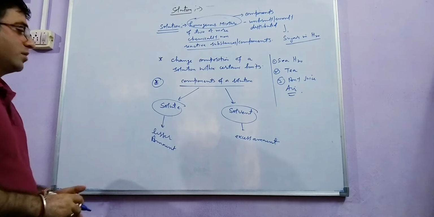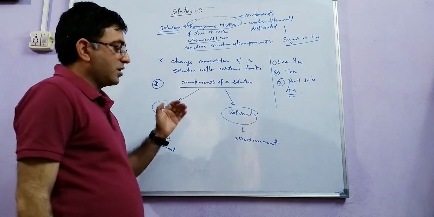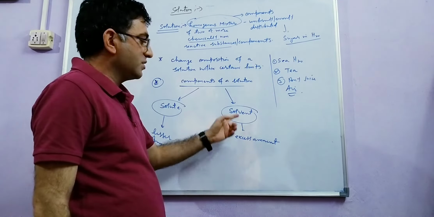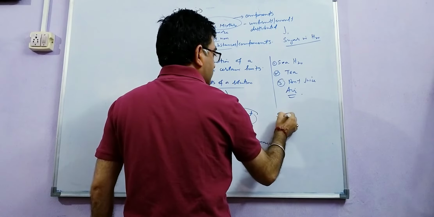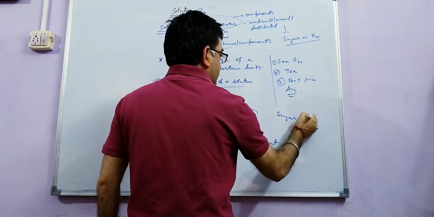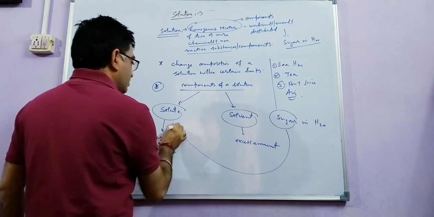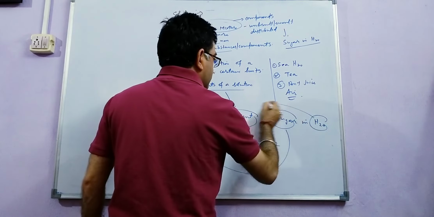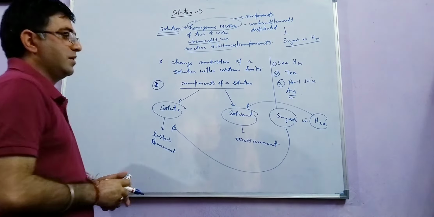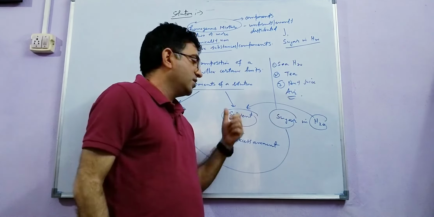Means the component present in lesser amount is called solute, and the component present in excess amount is a solvent. For example, in the case of sugar in water, sugar will act as a solute and water will act as a solvent. Clear?